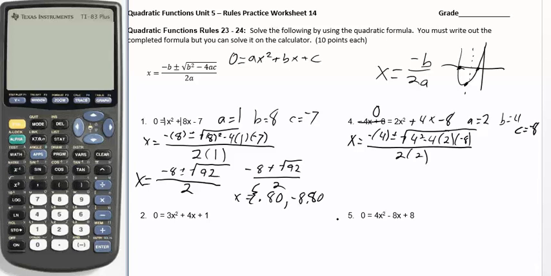Not too bad. Let's simplify this. So x equals negative 4 plus and minus.